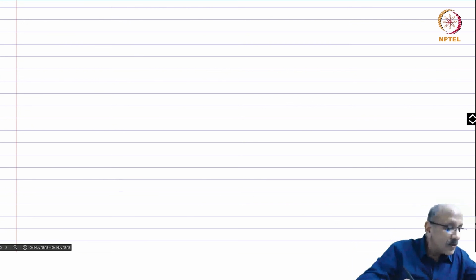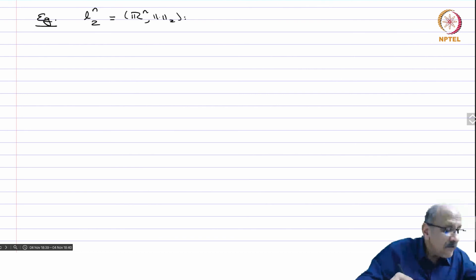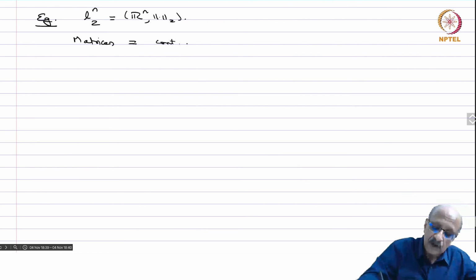Okay, so example, let us take l n 2. Recall this is R n with the norm 2. If you have matrices, then n by n matrices on l n 2 are the same as continuous linear transformations.